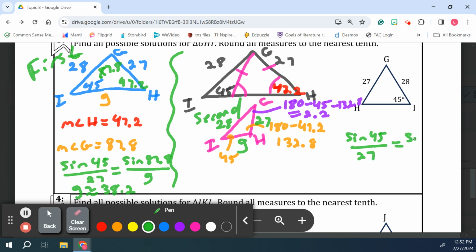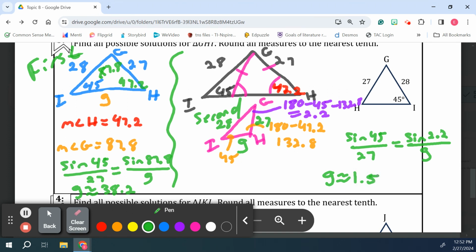Equals the sine of 2.2 over little g. So what is the second solution for little g there? Is it 1.5? Yep.